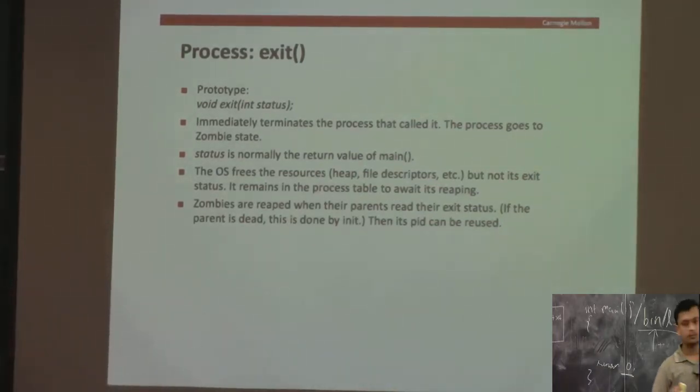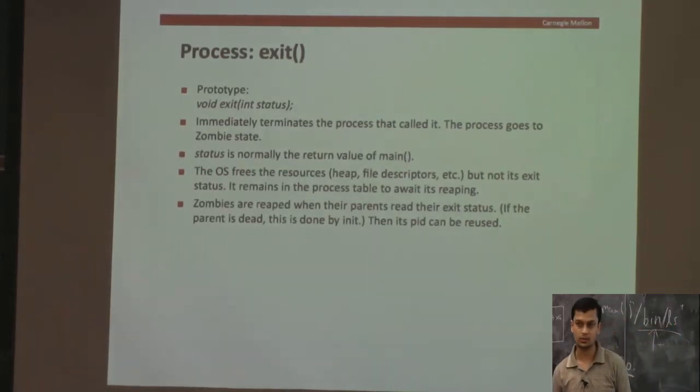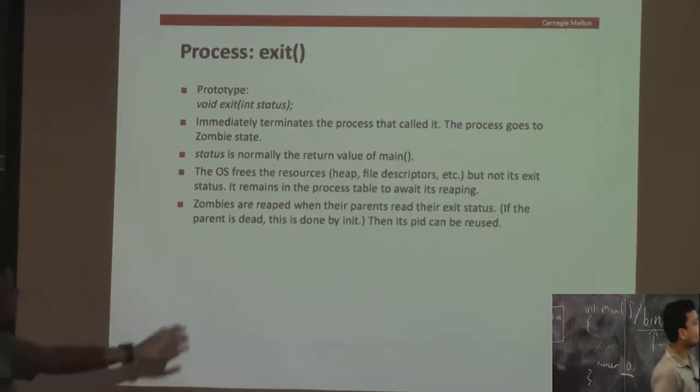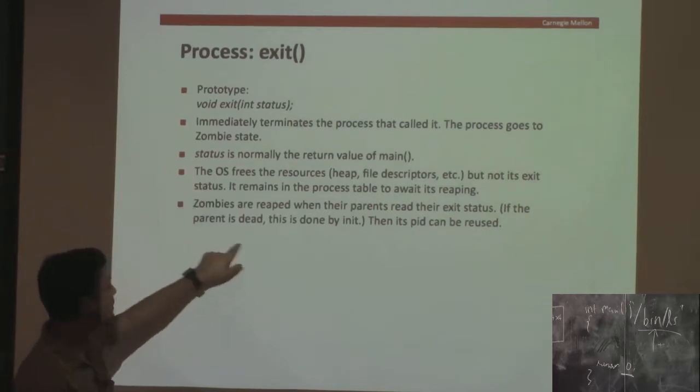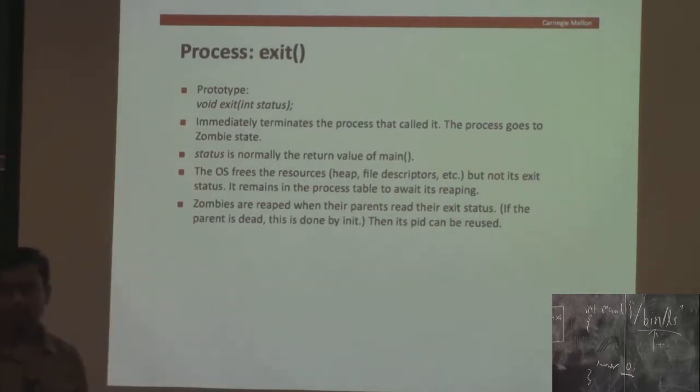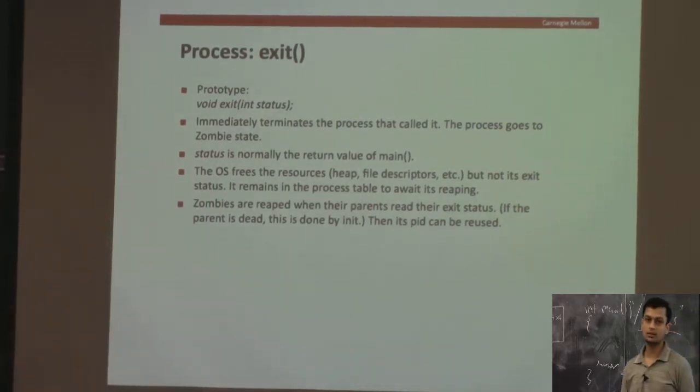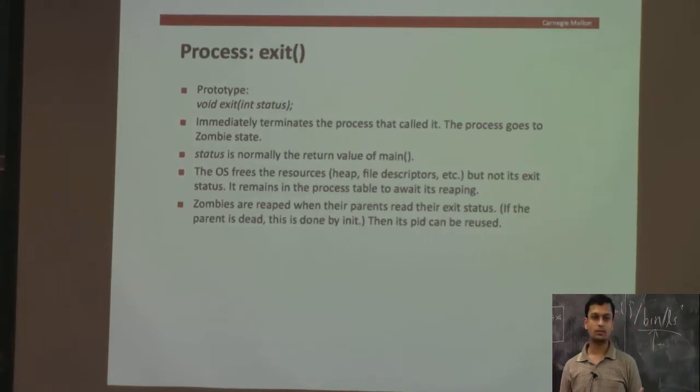Now during this operation, there are various possibilities. It's possible that the parent has exited before the child exits. Now what happens then? In that case, the clearing of the zombie state will be done by the init process. Now init process is a process that is created right at the start of the kernel.